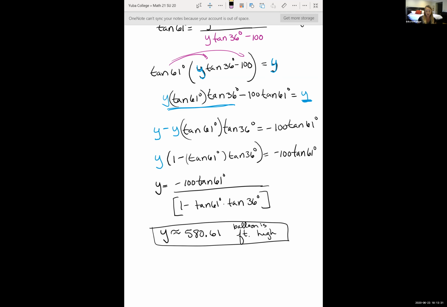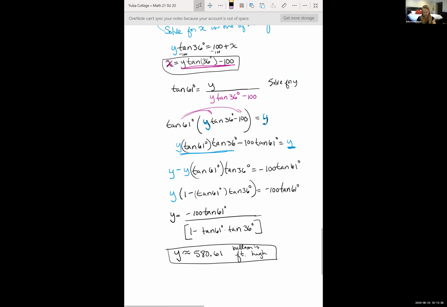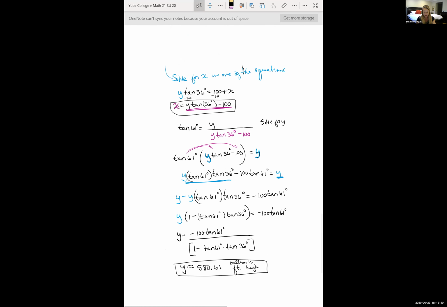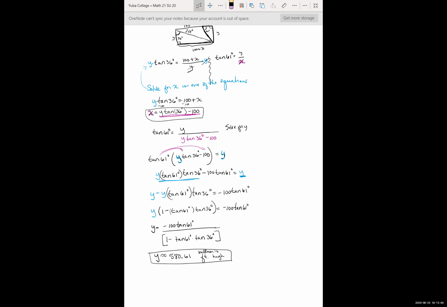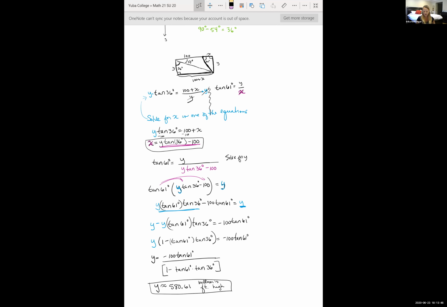I would have known something was wrong if I had gotten a negative answer in here. That to me seems realistic. My picture might not be the best in depicting it. I could go back in and figure out what x is.